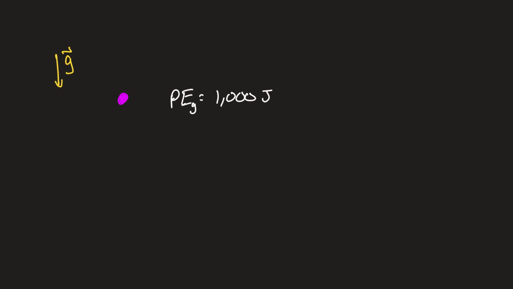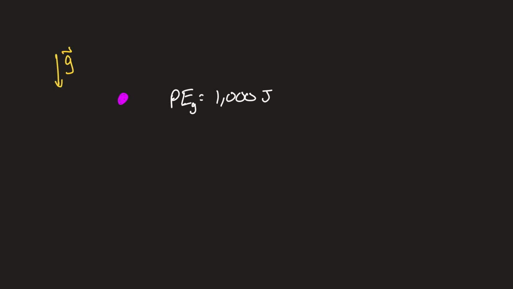So if you look at a simple setup like this, and I tell you, look, there's an object, some mass in space, there's a gravitational field pointing down, maybe this is on Earth somewhere, and I say, here's the value for the gravitational potential energy at this location, it's equal to 1,000 joules. Does that mean anything to you? And the answer to this question is no, it doesn't mean anything to me at all.